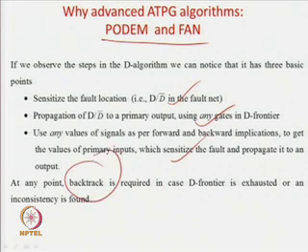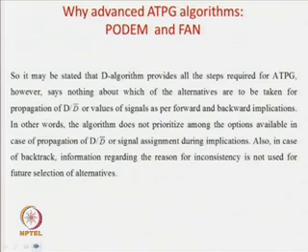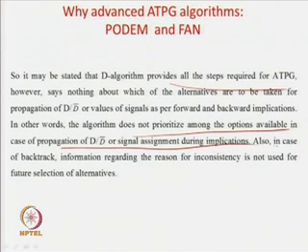But whenever there is a backtrack, the D algorithm will tell you why, but it will not tell you what you can learn from that backtrack. So, the D algorithm provides all these steps, but it does not prioritize among the options available. And the reason for inconsistency is not used for future selection of alternatives, that is very important.